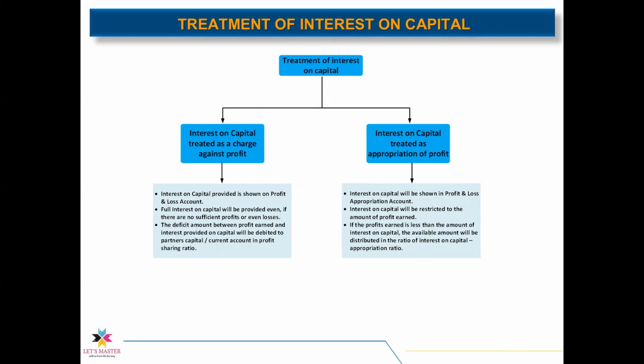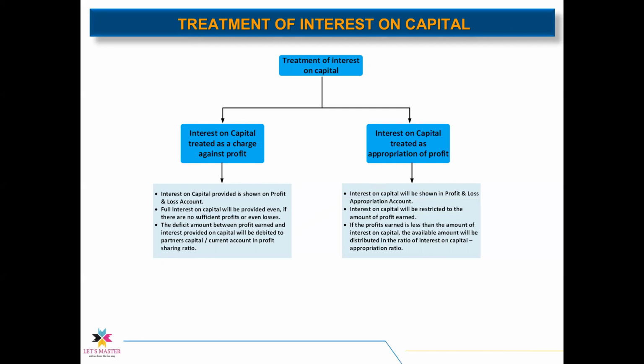Again, remember, the way profit is treated or the way profit is distributed among the partners depends on the provisions of partnership deed. So if the partnership deed provides that the interest on capital will be treated as a charge against profit, that means interest on capital provided will be shown in the profit and loss account.